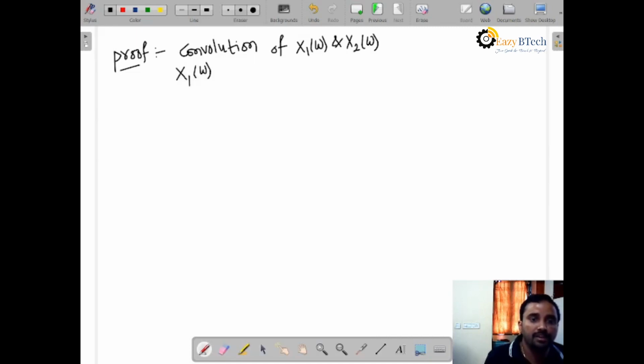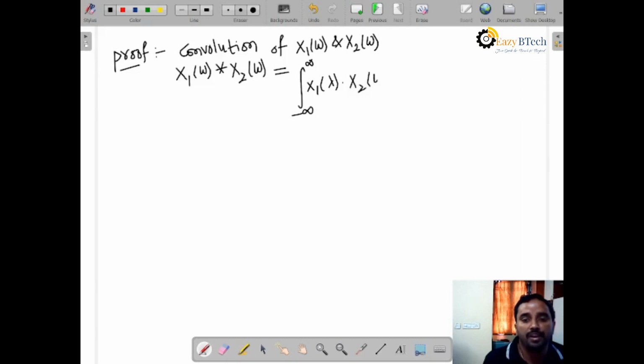So how to write it? Same, integral minus infinity to plus infinity x1 of lambda x2 of omega minus lambda, d lambda.